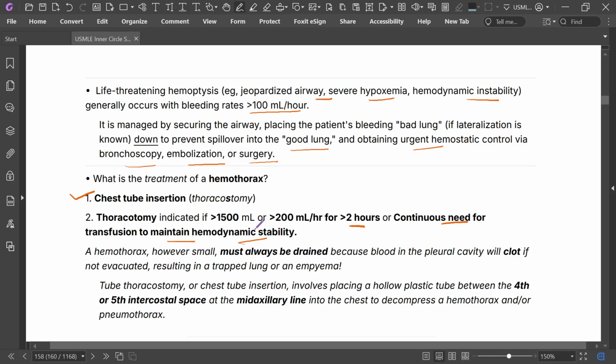So first, chest tube insertion; thoracotomy for massive loss, more than 1500 ml, or more than 200 ml per hour for more than 2 hours, and continuous need for transfusion.